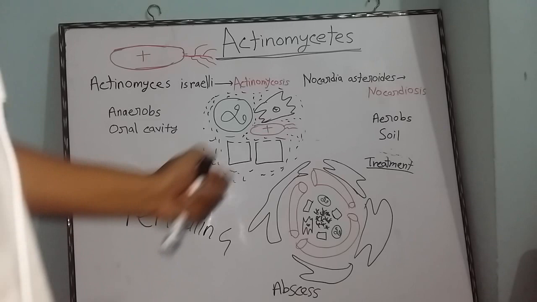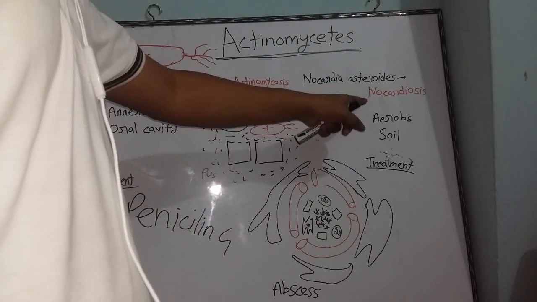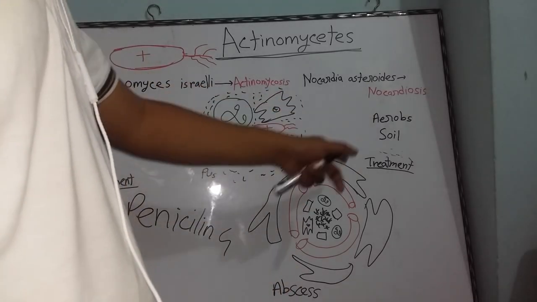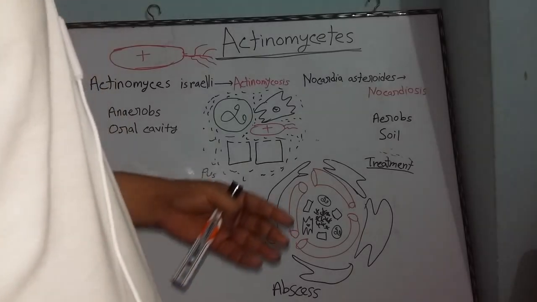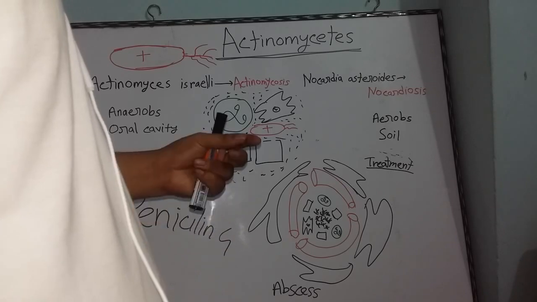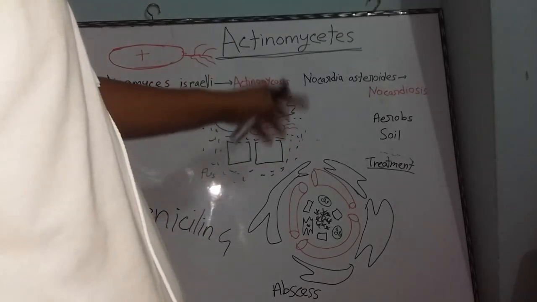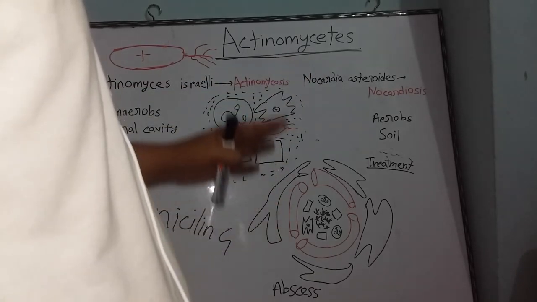Now Nocardia asteroides. Nocardia asteroides produces nocardiosis, and it is an aerobic bacterium, normally found in the soil. It normally attacks our lung, and in the lung it also produces an inflammatory reaction by this mechanism, and it also produces pus in the lung.